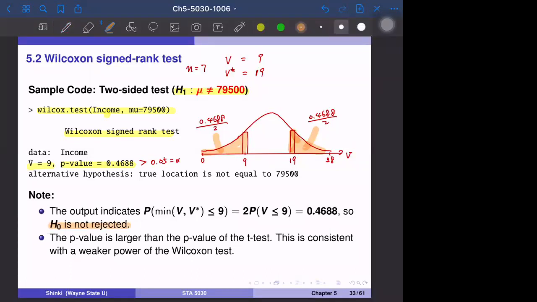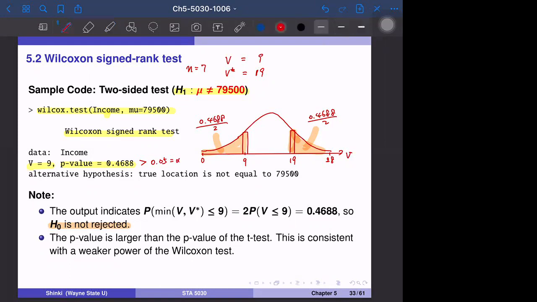Actually, the p-value is larger than the t-test we have seen in the earlier section, 5.1. What was the p-value in the t-test? The p-value was actually 0.38.